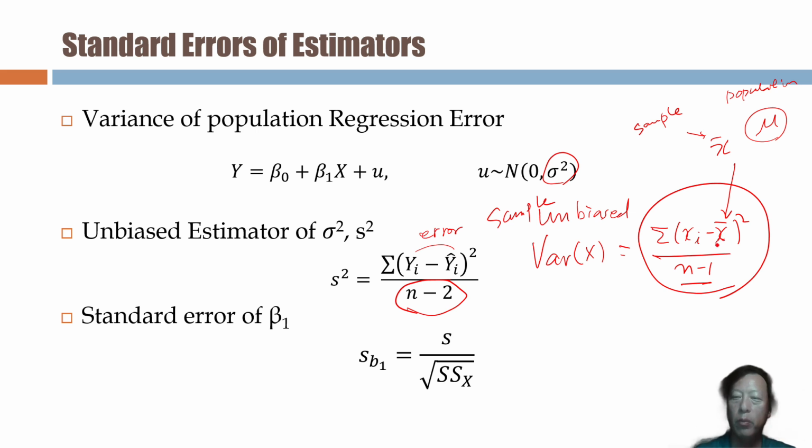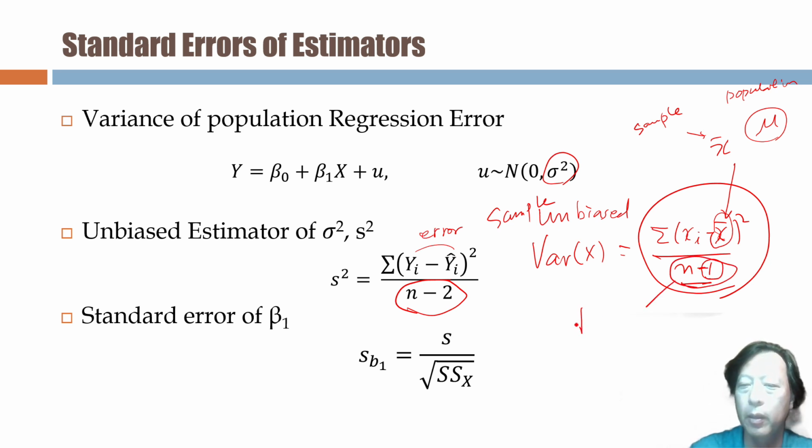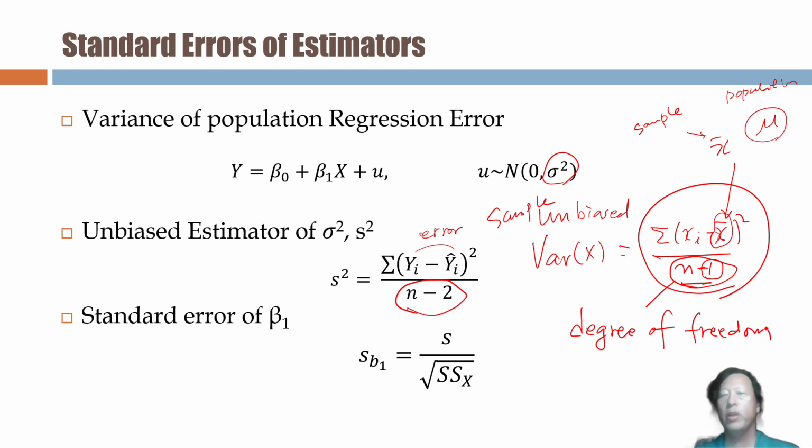That's why you take one out here. Actually, this is the degree of freedom. Since we use one estimator here, that's why we subtract 1. Degree of freedom is reduced by 1.